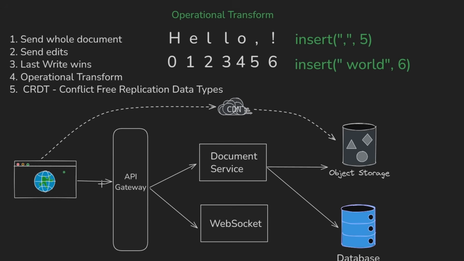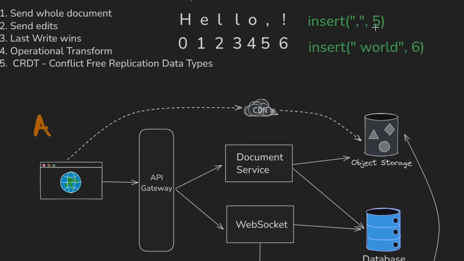On the client side, why would we be doing operational transform? Well, think about this edge case. Let's say I have user A who did this edit locally. And let's say I have user B who did this edit locally.